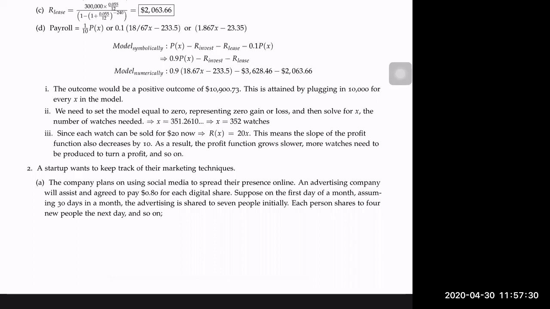I was just reading out loud and thinking about the last thing I was going to say, but payroll 1/10 of 0.1. How did I get 18 over 67? Ah, that's why. I put a slash instead of a decimal. Ooh, I'm glad I caught that.